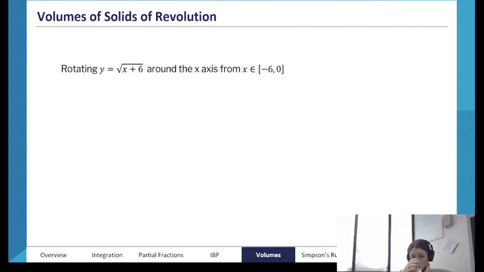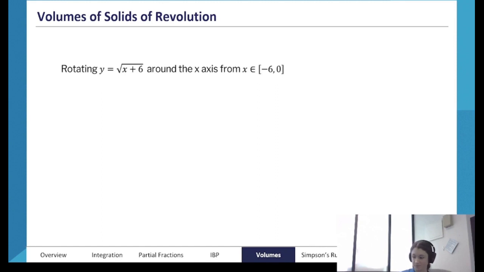So, if we are rotating y equals root x plus 6 around the x-axis from negative 6 to 0. So, firstly, check. Which axis is it rotated around?